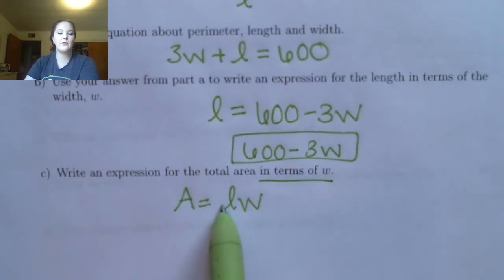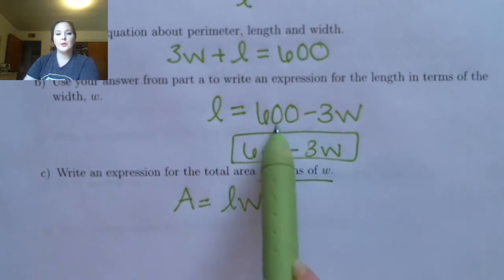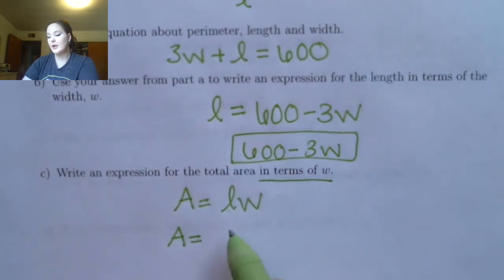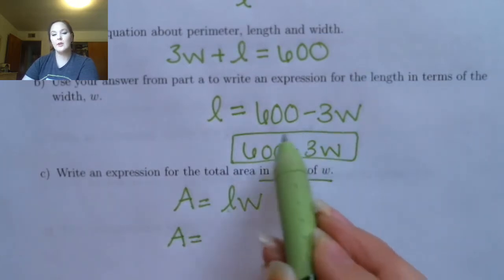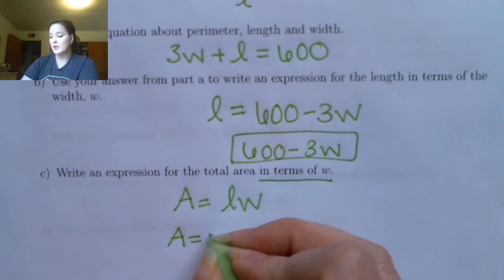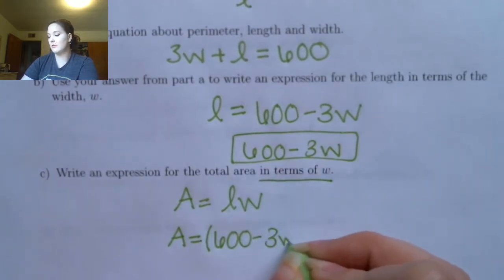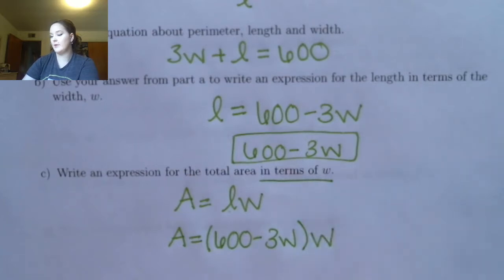We need to only have numerical values and W. So this is when we're going to use our expression from part B to replace L with this expression that is equal to L but only has W in it. So this is L and this is W. We're still doing length times width, but now we have something that is in terms of W.